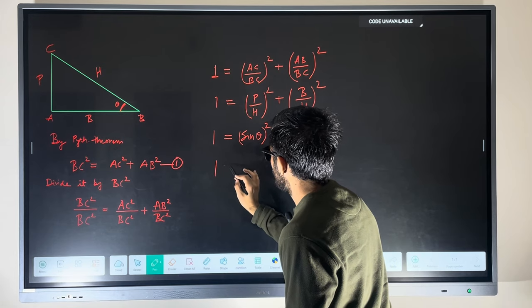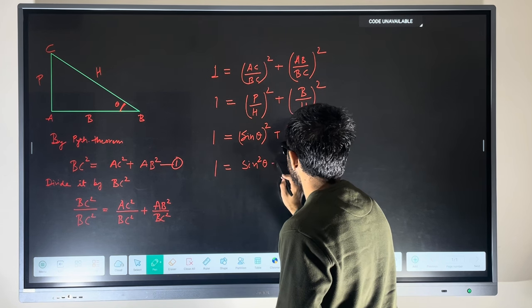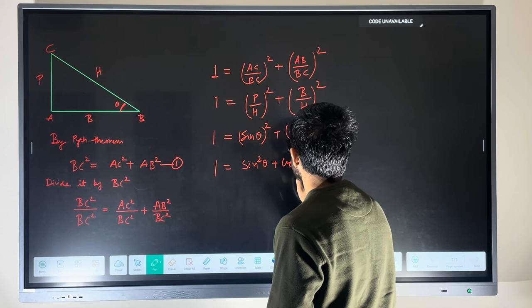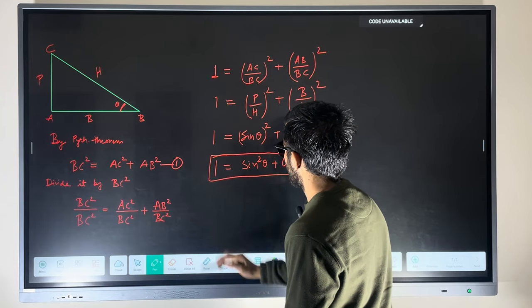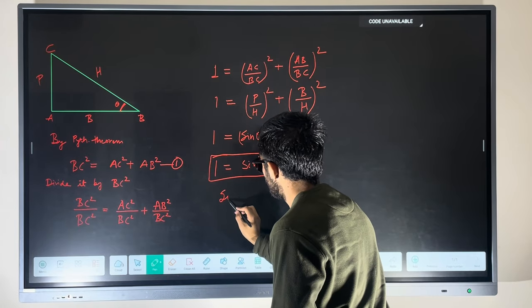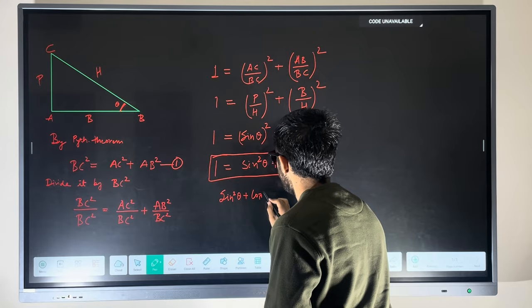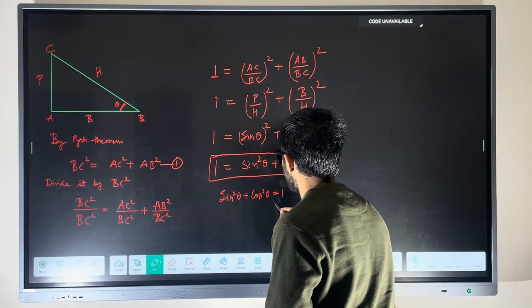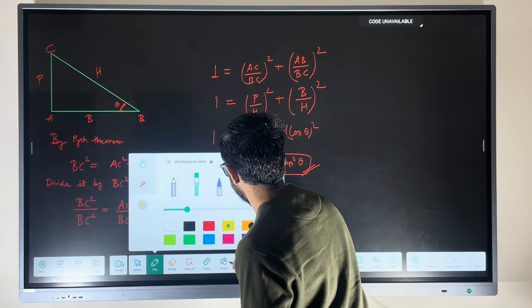By convenience we can write it as sine square theta plus cos square theta is equal to 1.